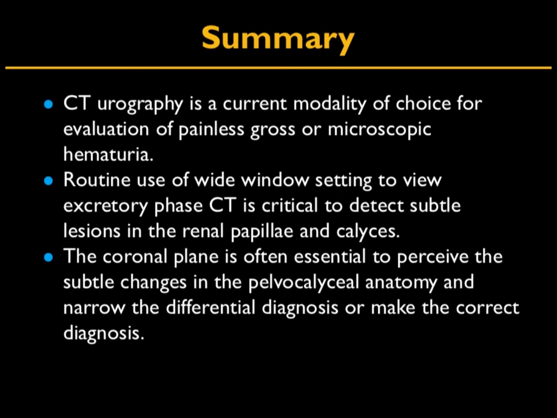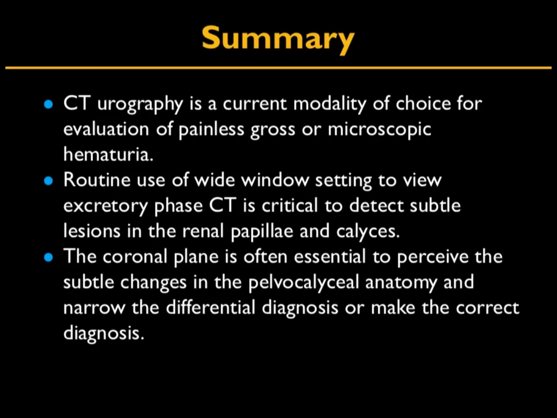So summarizing then, CT urography is the current modality of choice for the evaluation of the patient with gross or microscopic hematuria. It's part of the CT examination. Obviously, we're doing arterial phase and often venous phase imaging, looking for renal cell carcinomas. This is to look at the calyces, look at the possibility of tumor, look at the possibility of infection.